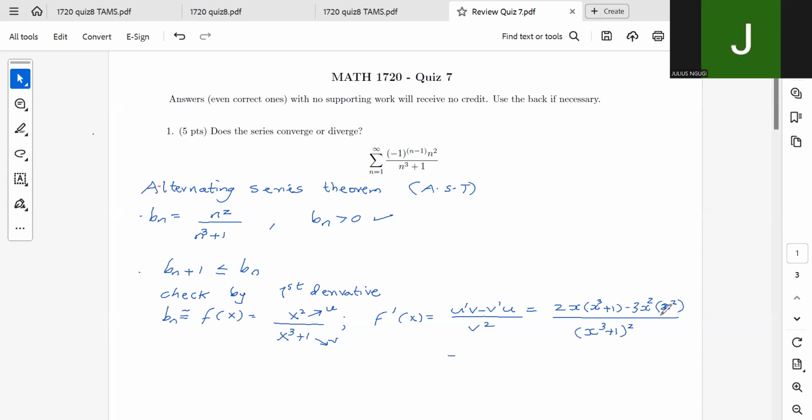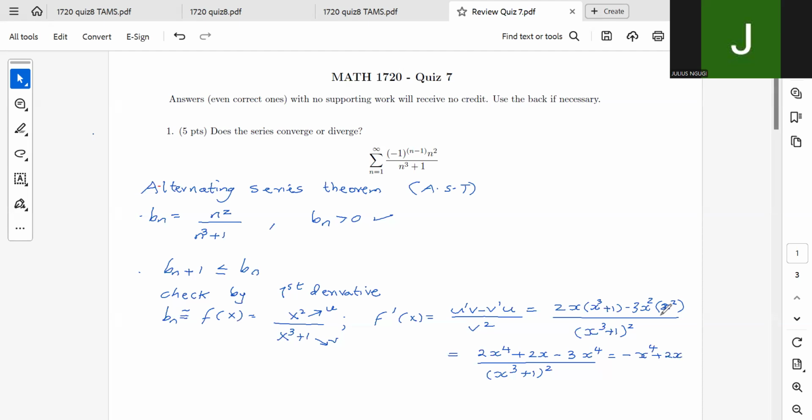So we simplify. We have 2x to the power of 4 plus 2x minus 3x to the power of 4, divided by x cubed plus 1 squared. I don't have to expand, because my only interest here is the answer in the numerator, and that becomes minus x to the power of 4 plus 2x.